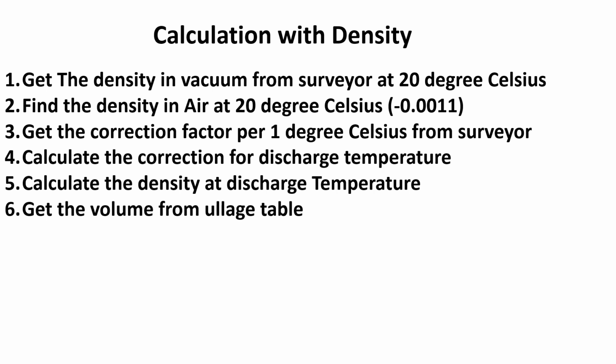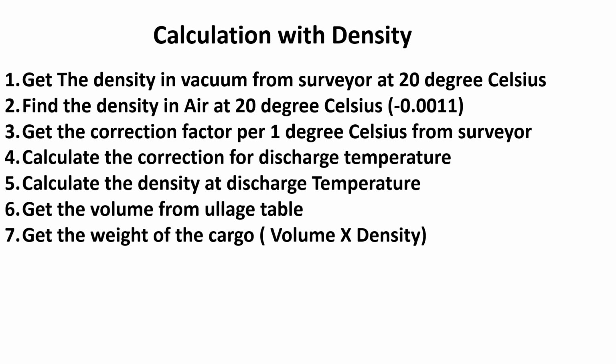You just do that correction from the ullage table and get the volume. Once you get the volume, you multiply that volume with density and get the weight of the cargo, right? So these are the steps you need to follow to get the full weight of the cargo.